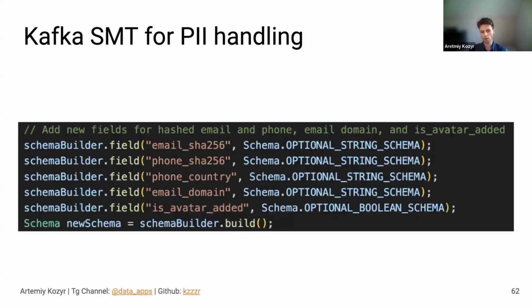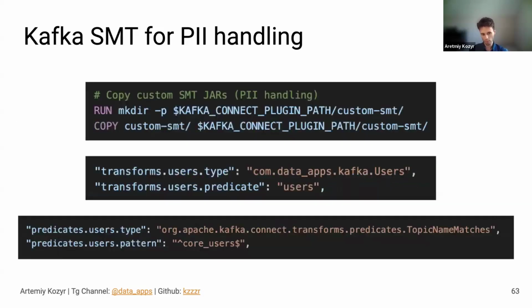There's a simple Java code with new additional fields I want to compute: a hash, then the country based on phone number, the email domain, and a Boolean flag, is avatar added, for example. You would test it first, then compile, and you end up with the binary file.